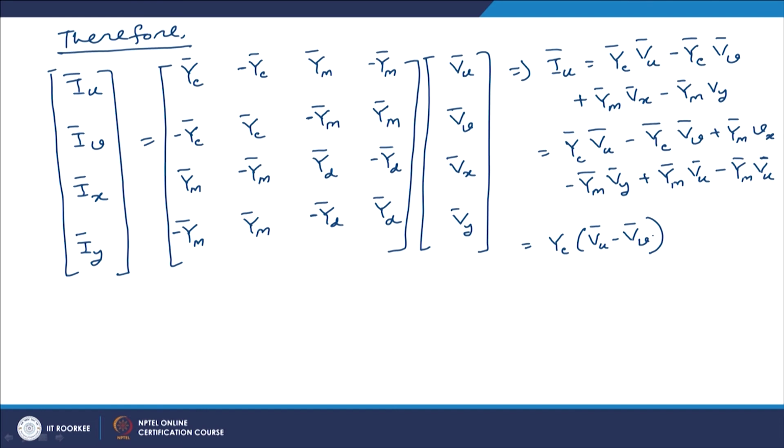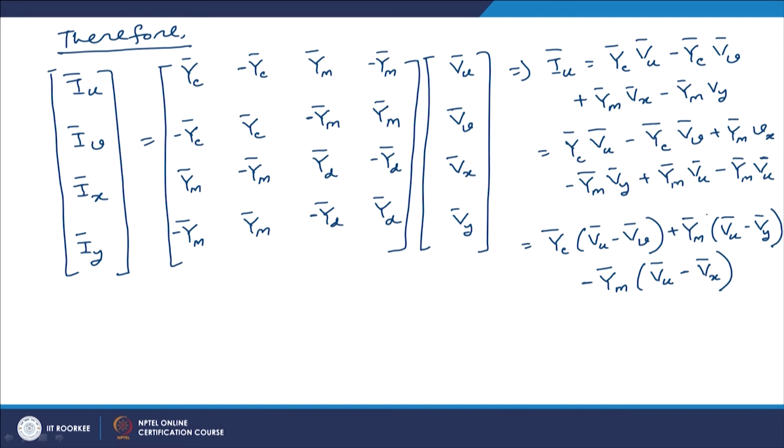Then we take YM times VU minus VY, and then minus YM times VU minus VX. So, this is the expression of IU.